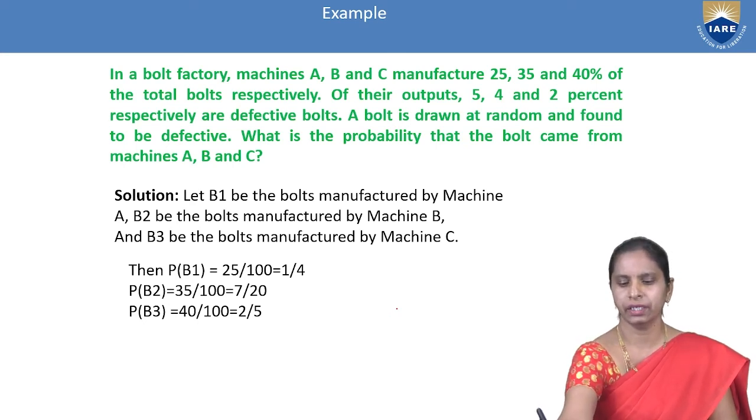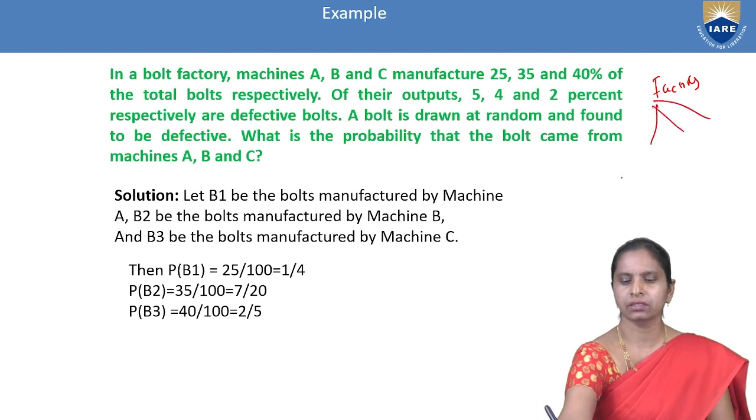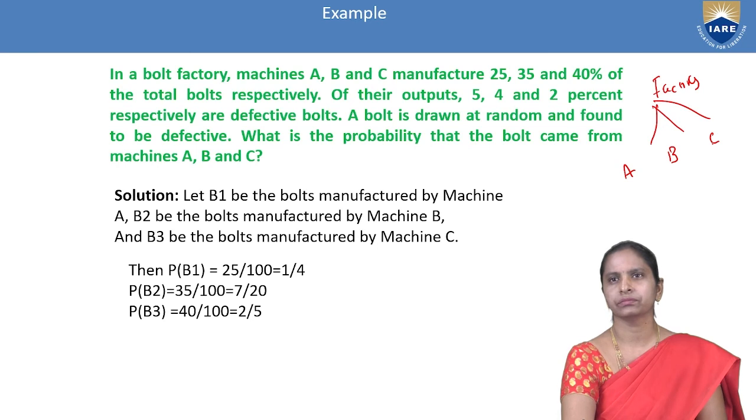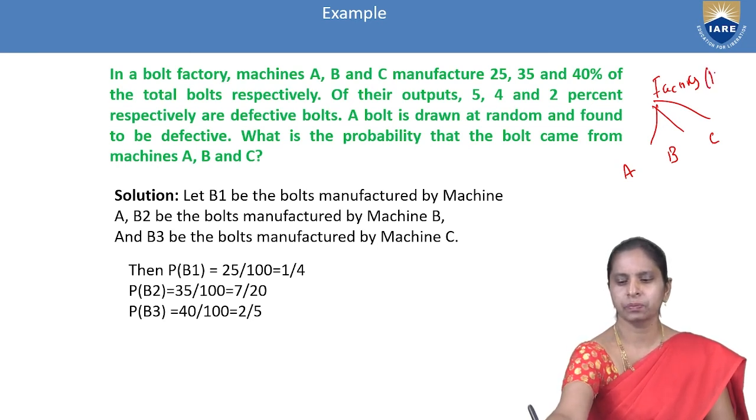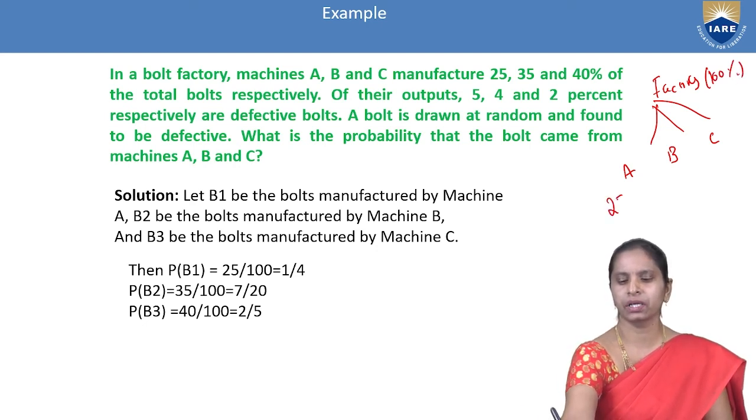So let us say this is a factory. The factory consists of 3 machines, machine A, B, C. Let us say the total it is producing is 100%, or 100. Machine A is producing 25%, machine B is producing 35 and machine C is producing 40.